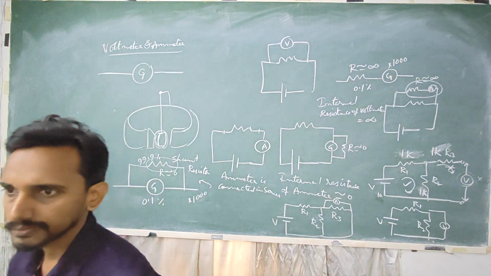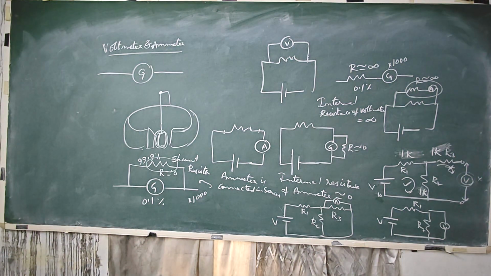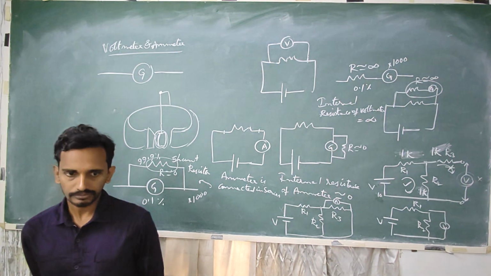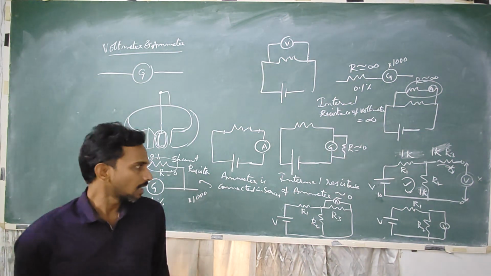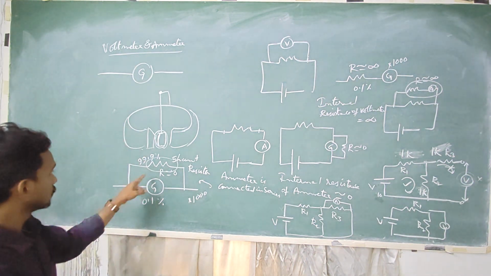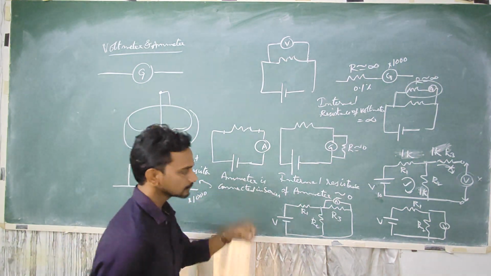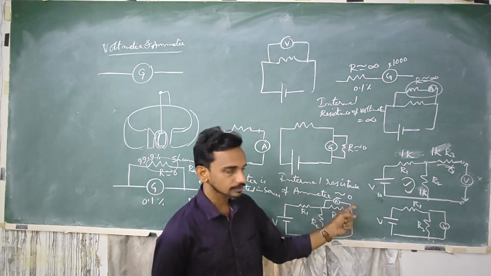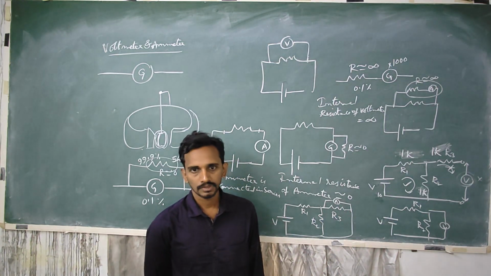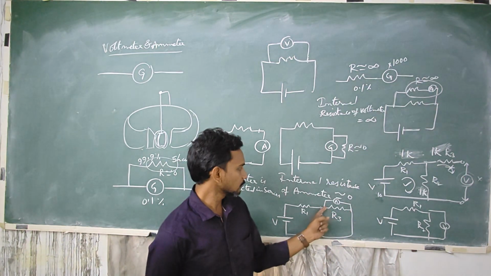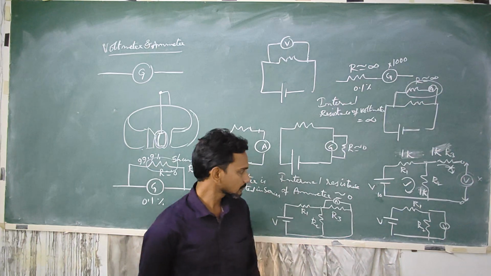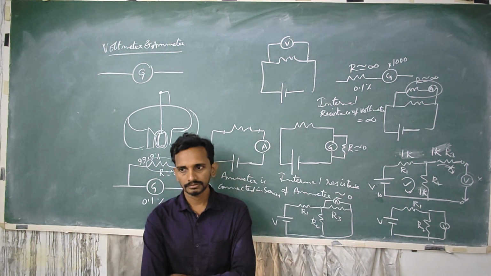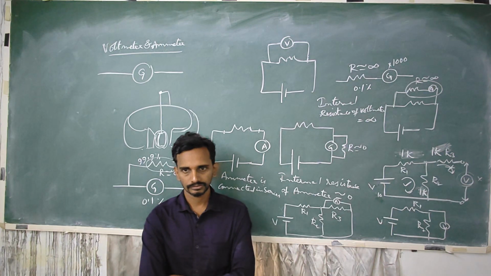What does it measure? Ammeter is what? Internal resistance of ammeter is 0. So it acts as a bypass. So entire current flows through ammeter and effect of resistance is 0.